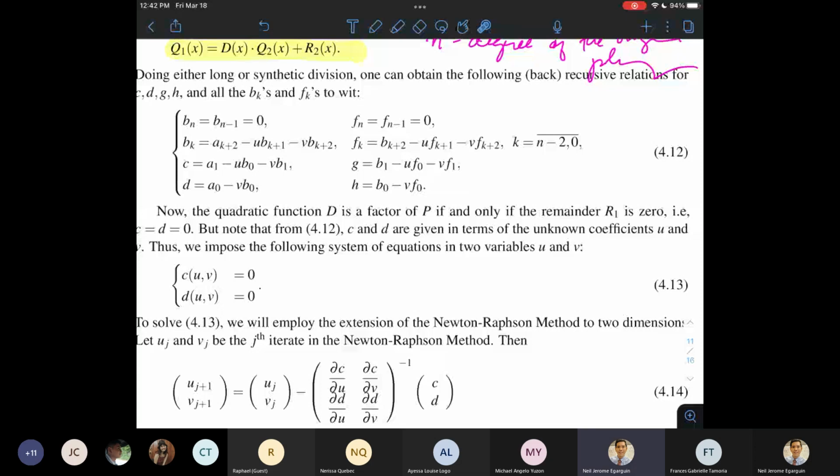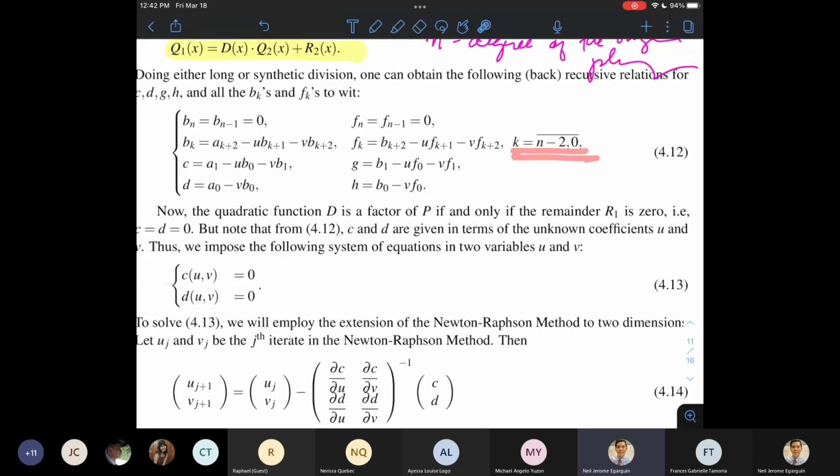So pag dinivide mo si P by our guess for the quadratic factor D, makukuha mong coefficients yung mga b sub k. Pero yung pagko-compute ng b sub k, nakadepende siya sa a sub k's, which is fine because we know all the a sub k's, they are the coefficients of P, right? Si u ay unknown, okay? Tapos si b sub k plus 1 ay na-compute na before kasi nauuna natin kinompute yung mas matataas na degree.